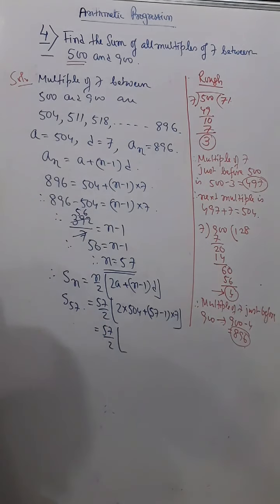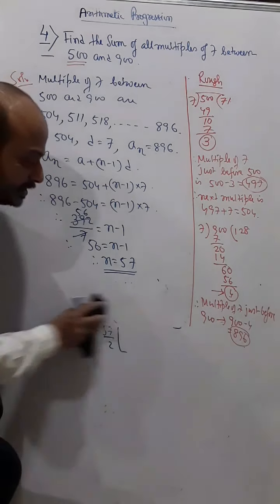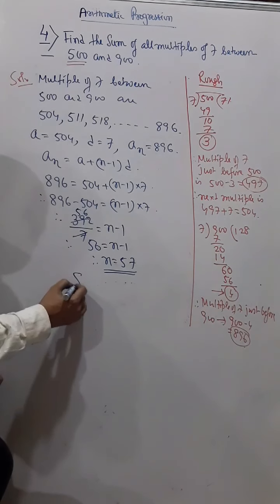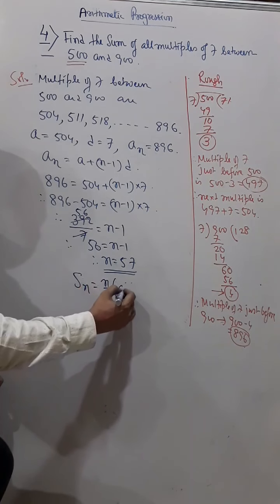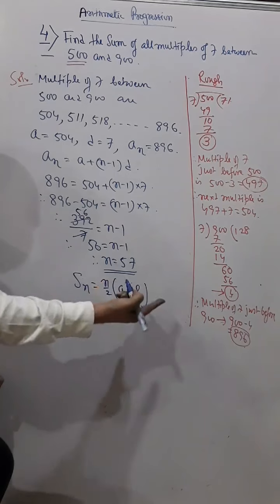Oh sorry, in fact instead of using this formula, we can use another formula, because we know the last term. That will be easy. Here also you will get the answer, but we can use this one, Sn is equal to n by 2 into A plus L, where L means An.